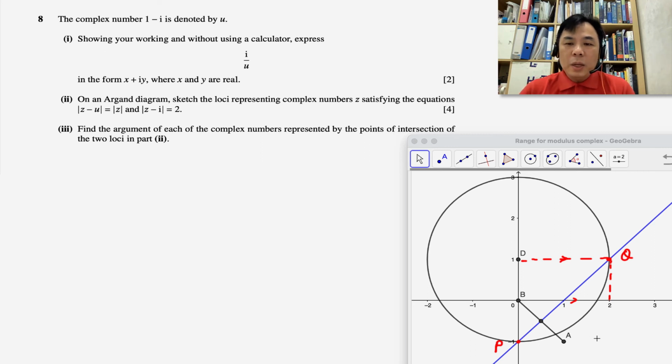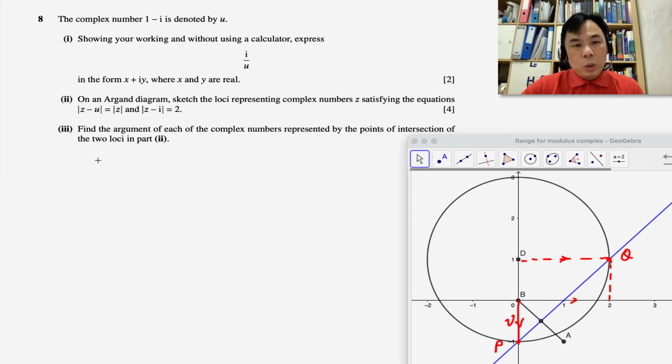All right, let's look at the first one, P. P is the easiest of all. We want to represent the complex number P first. How do I represent the complex number P, which is represented by this line here? Let's call this complex number V then.